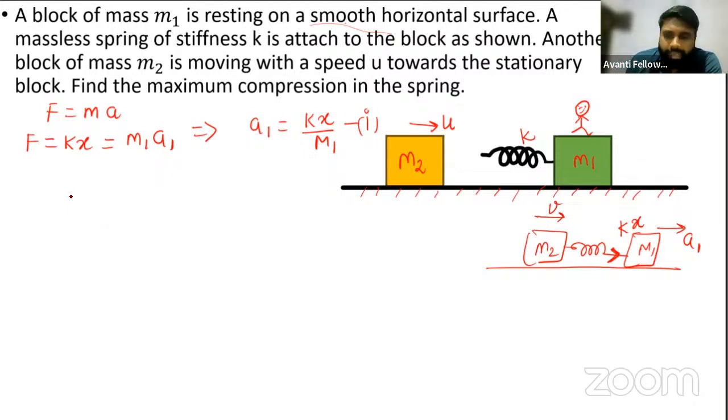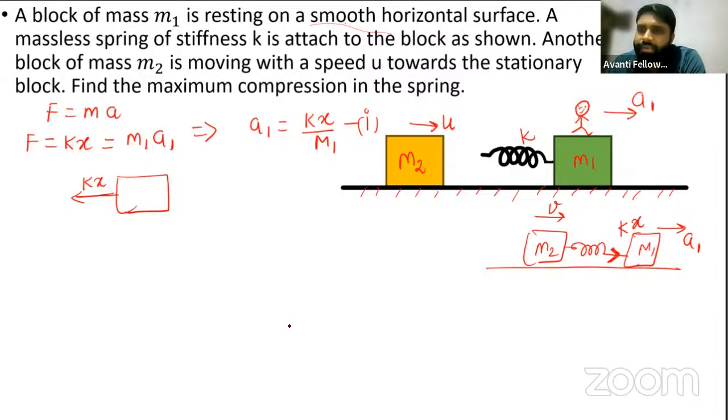Now if I talk about block m2, this is m2. Spring force is acting in this direction, so I am taking this direction to be the left of it. This is the direction of spring force, which is kx. Now the relative motion we are seeing by this observer, but this observer has some acceleration a1, so this will become a non-inertial frame.